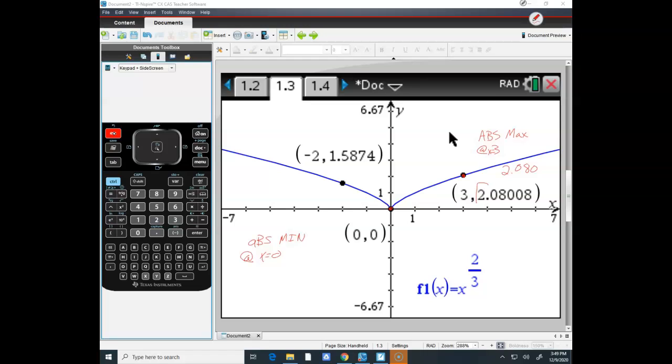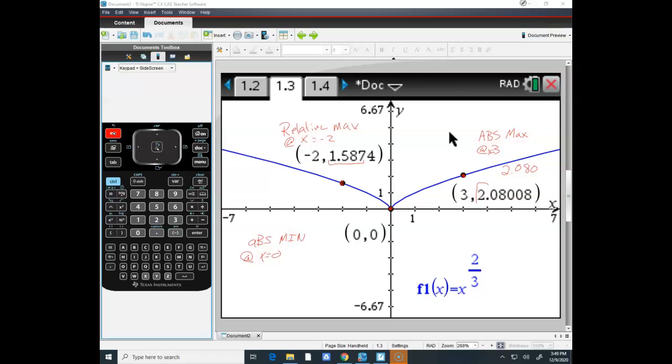Okay? 3 decimal places. I have a relative max over here. Relative max at x equals -2, and the relative max happens to be 1.587. That is the relative max, okay?